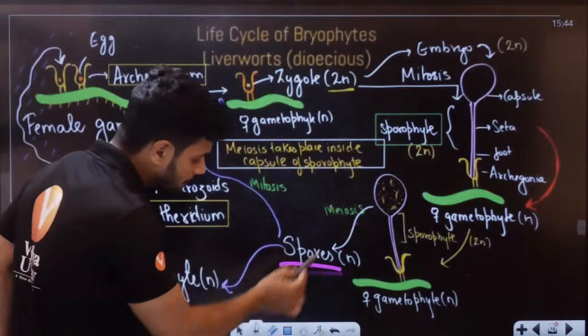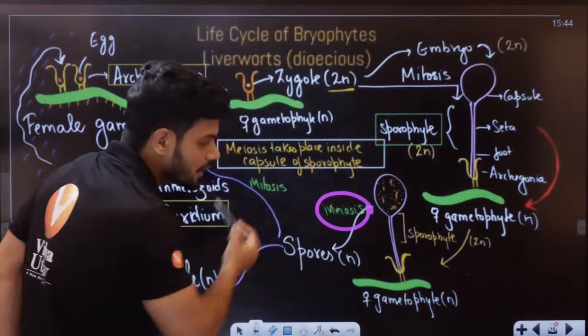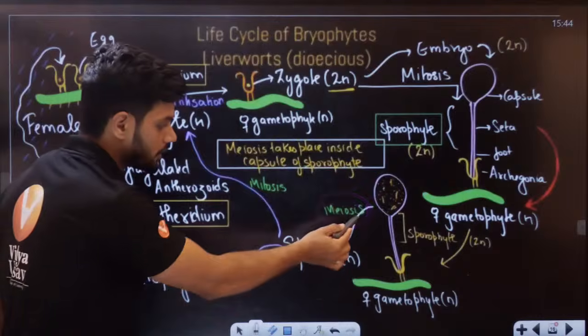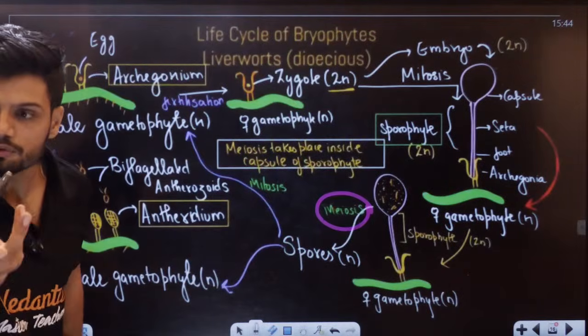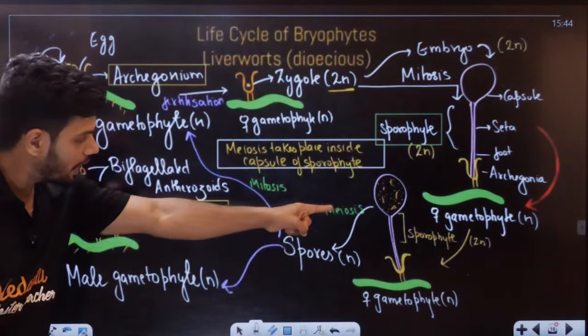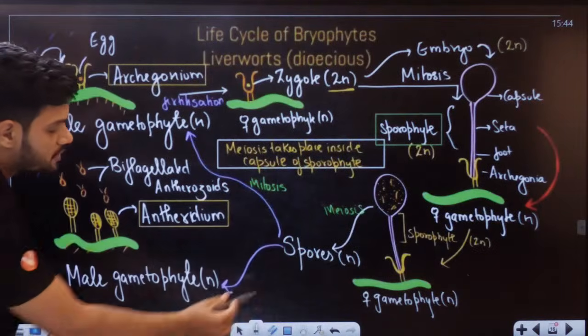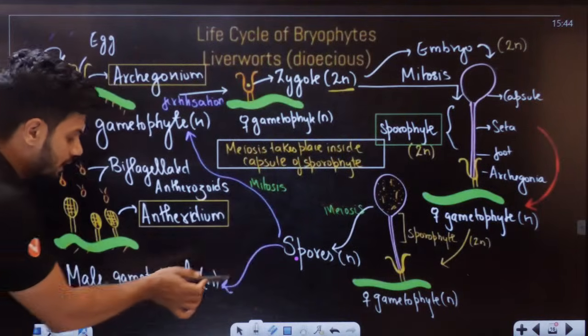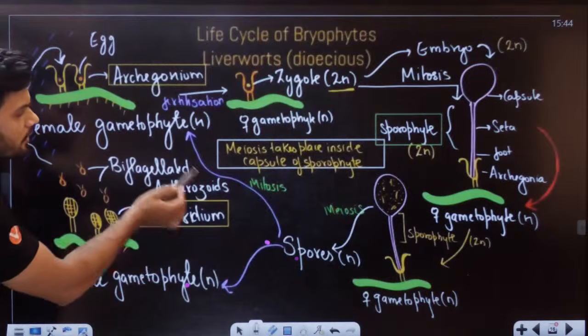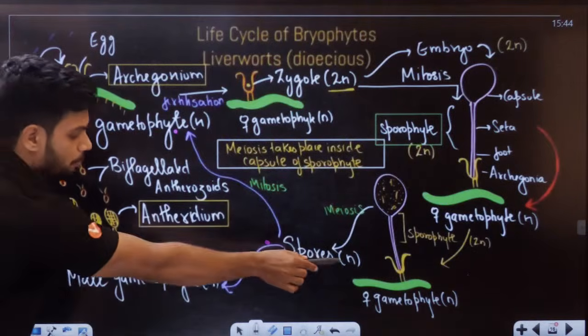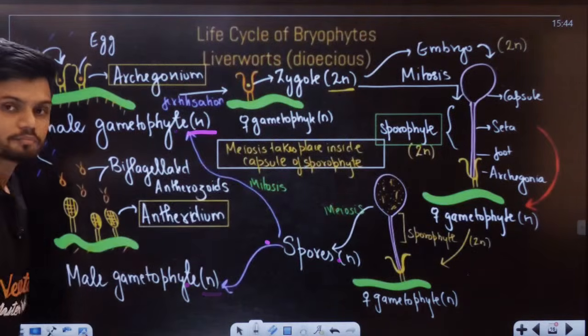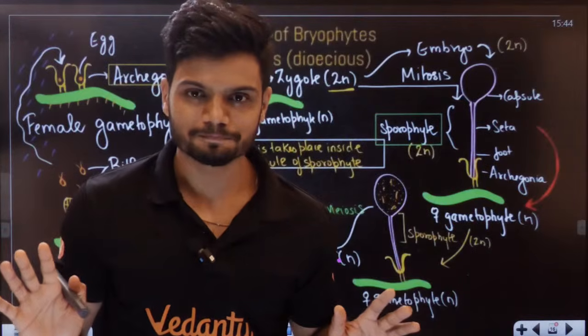Obviously यहां पर मियोसिस हो गया, reduction division हो गया यहां पर. So what do we get? After reduction division we get spores, and these spores develop into male gametophyte, female gametophyte. So haploid, haploid, haploid, पूरा लाइफ साइकिल खत्म.